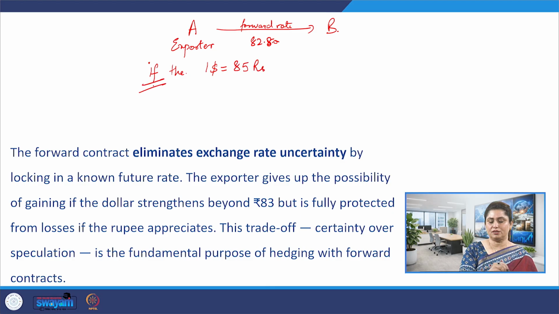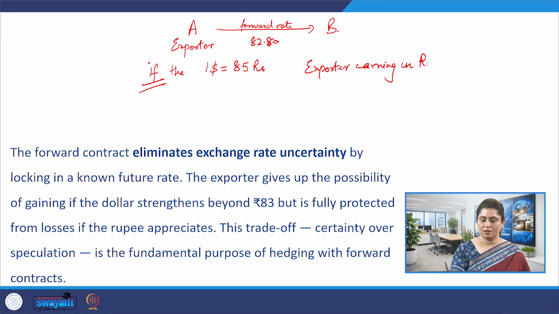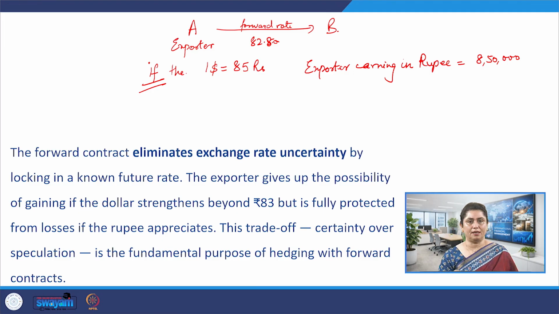If this was the scenario, then how much would he have earned? The exporter's earning in rupee would have been 8,50,000. That means instead of the rupee appreciating, if it had depreciated, then he would have earned more than what he was expecting before.